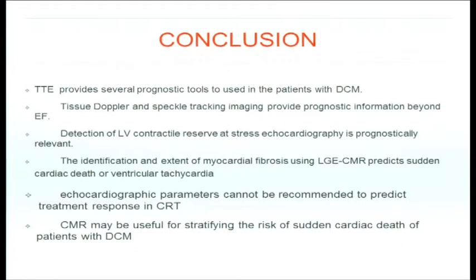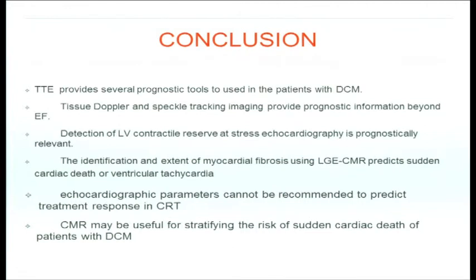Detection of left ventricular contractile reserve at stress echocardiography is prognostically relevant, and identification of the extent of myocardial fibrosis using late gadolinium enhancement cardiac MR predicts sudden cardiac death or ventricular tachycardia.